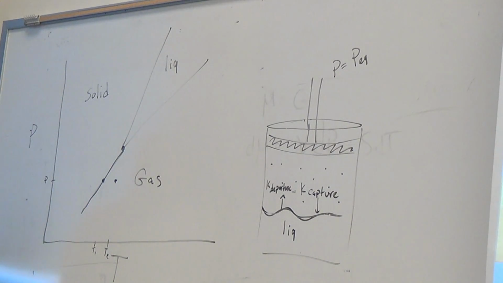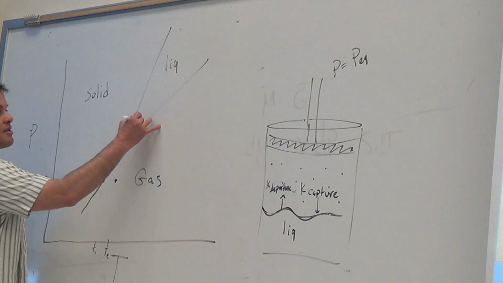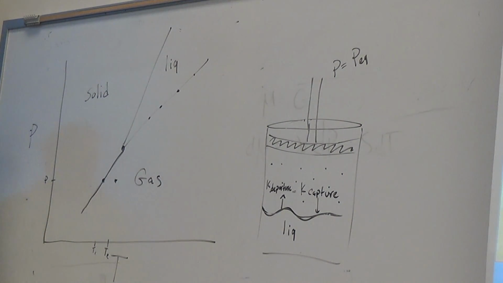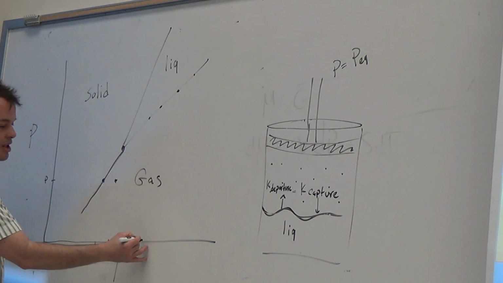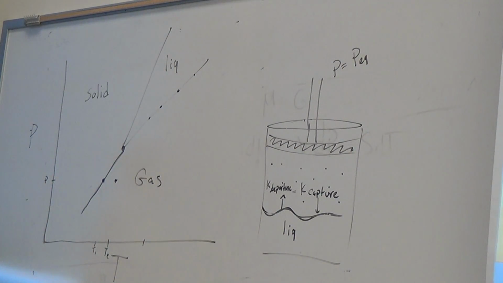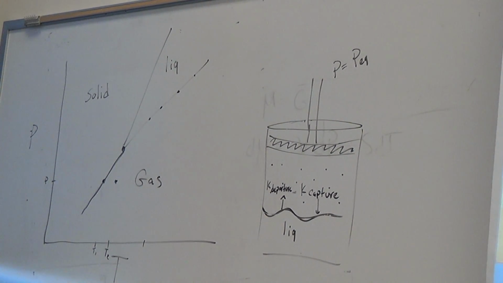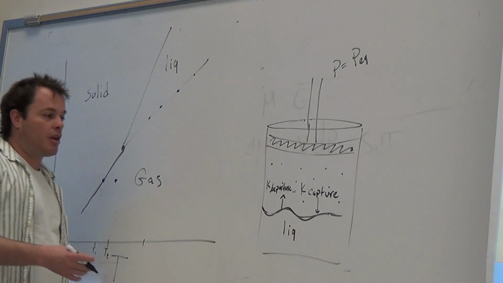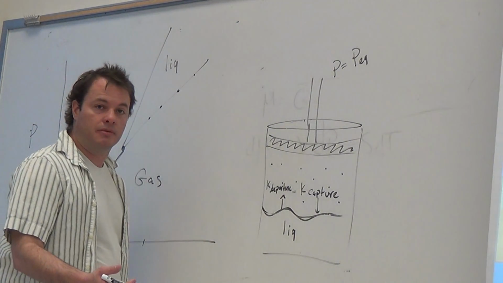And that's what each of these points along this liquid-gas equilibria curve represent. They say at a particular temperature, this body of liquid is going to have some amount of internal energy, and because it's got that internal thermal energy, it's kicking molecules off and into the gas phase at some particular rate.